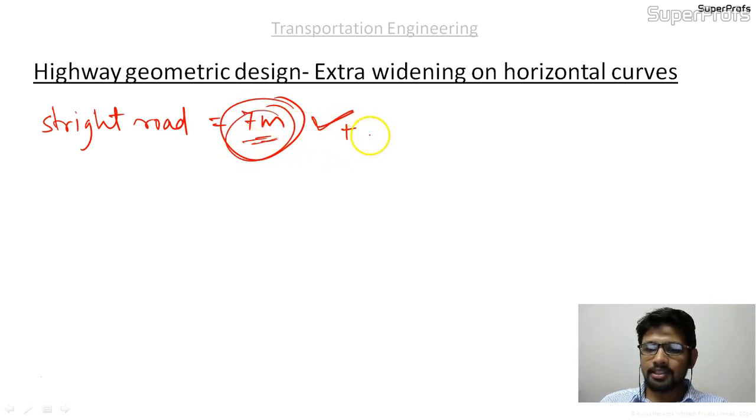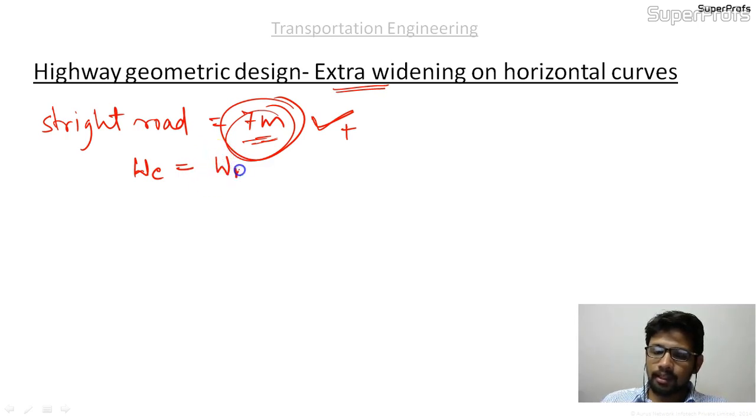So there is an extra width that is known as the extra widening on horizontal curves, and there is a good reason why we provide this extra widening. I'll discuss the reasons, but the extra widening provided is composed of two terms: the mechanical widening and the psychological widening.